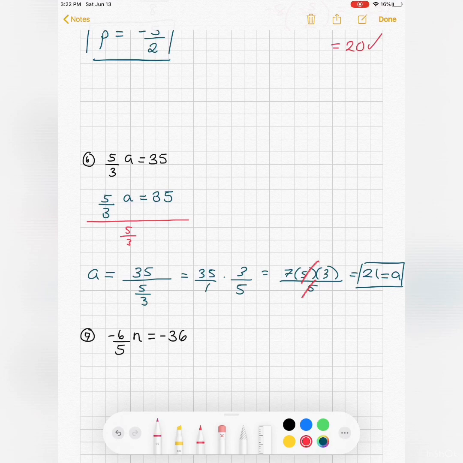Here's my other thought on that one. If I start out with this 5/3 A equals 35, what if I multiply both sides by the reciprocal? So I'm multiplying by the same thing on both sides, so I can do that.